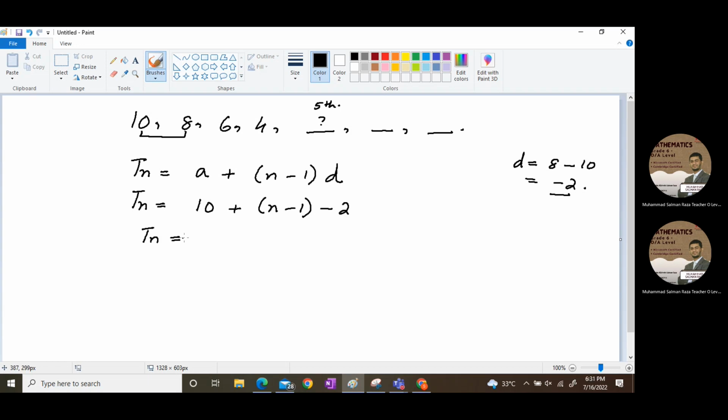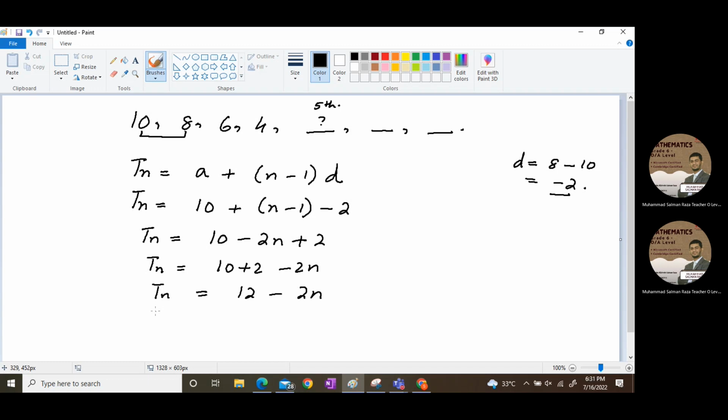And then make it like this: 10, and then minus 2 times n becomes minus 2n, and when minus 2 multiplies by minus 1, it becomes plus 2. So the formula is going to become 10 plus 2 minus 2n, or you can do it directly as well. Over here, we have derived a formula, and that is 12 minus 2n.